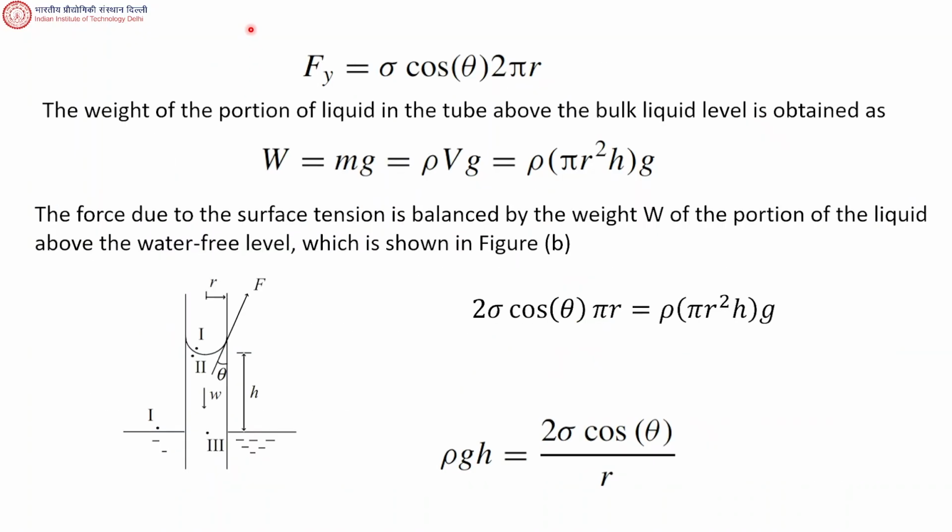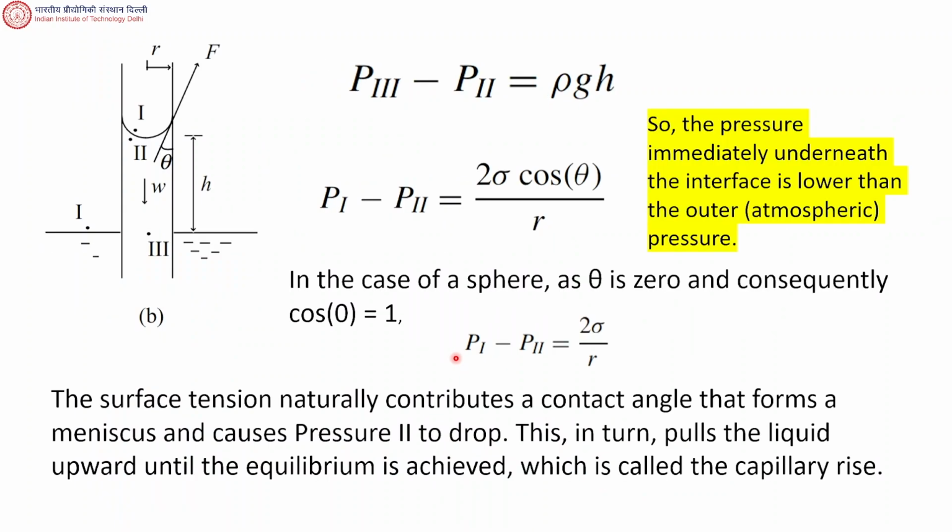And we already had rho g h equal to 2 sigma cos theta by R. We have P3 minus P2 as rho g h, but P3 is equal to P1, correct? So P1 minus P2 is 2 sigma cos theta by R.